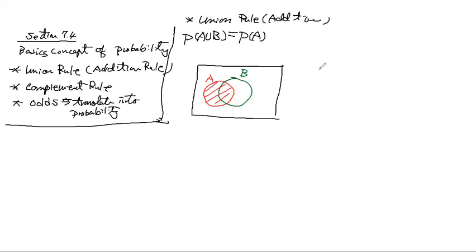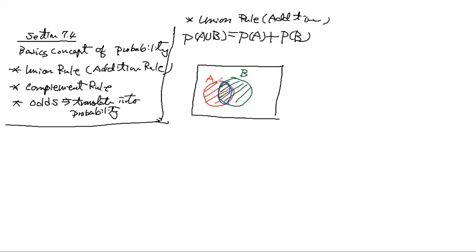Now I'm going to add the probability of B, which is the green area. As you can see, the center part, this area, has been added twice.